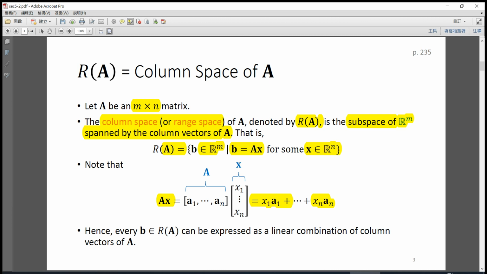So b equals Ax means b can be written as a linear combination of column vectors of A for some x in R^n, and x is the coefficients of the linear combination.